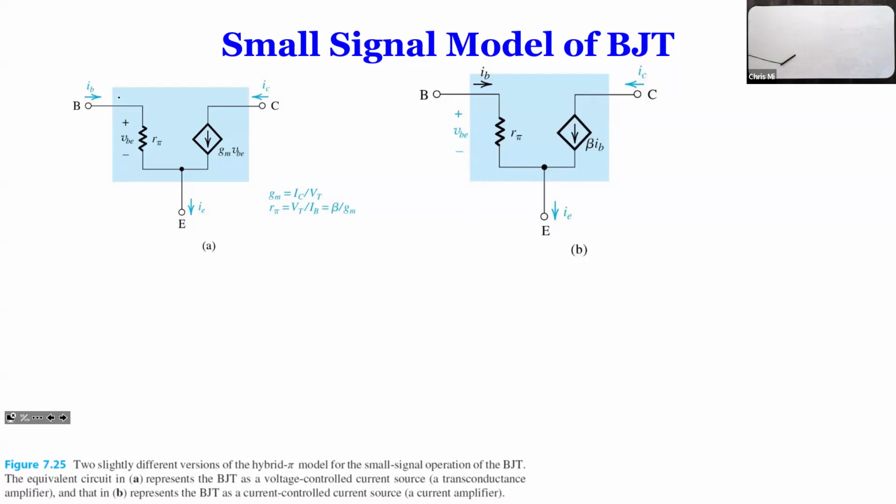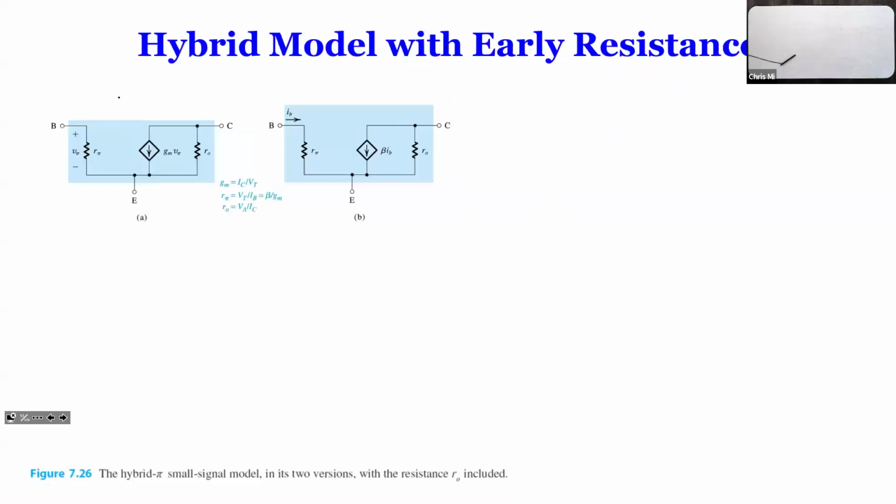So when you get IB, really it's beta times IB instead of GM times VBE. Now these two equations, write this down. Always try to know where to find those equations, because when you get a numerical value, you always have to go back and refer to them. Once we have RO, we simply add RO between collector and emitter. That gives us a more accurate circuit considering the Early effect.